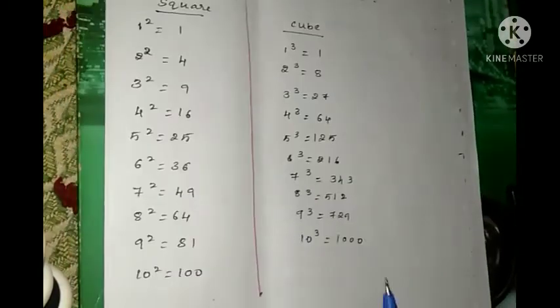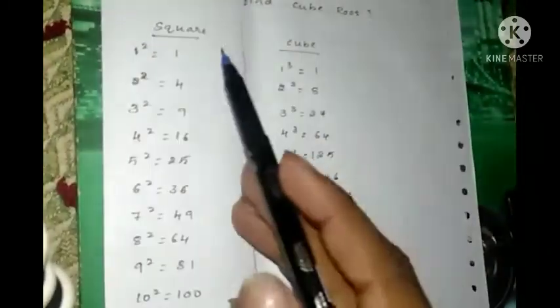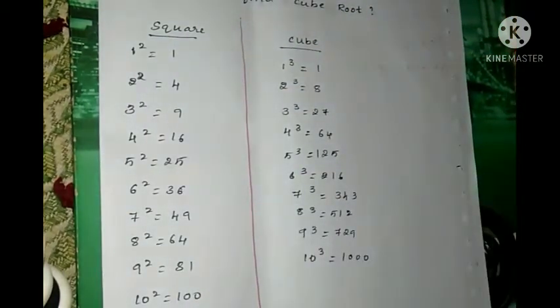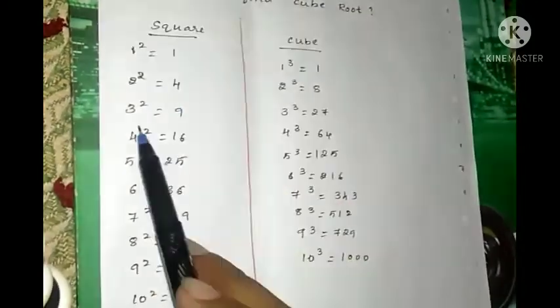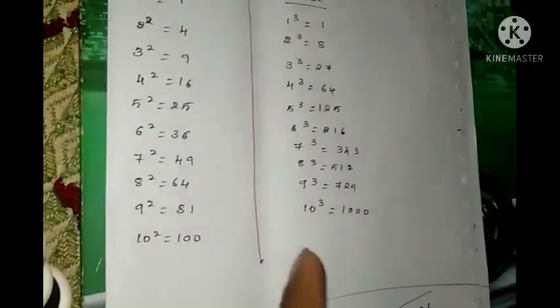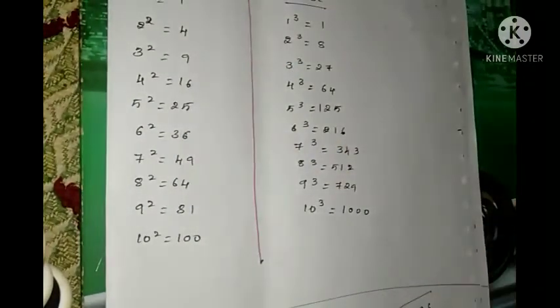Okay, first of all we know that we write the squares and cubes in a table. 1 square value is 1, 2 square value is 4, 3 square 9, 4 square 16, 5 square 25, and 6 square 36. I already told you how to find the square root of a number. You are familiar with how to find square roots.